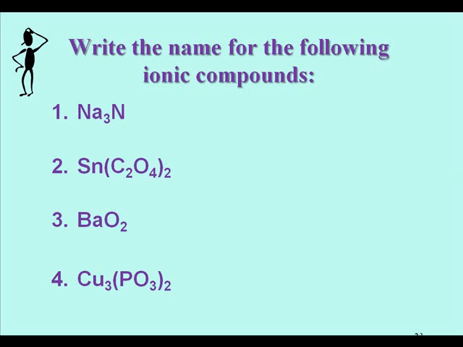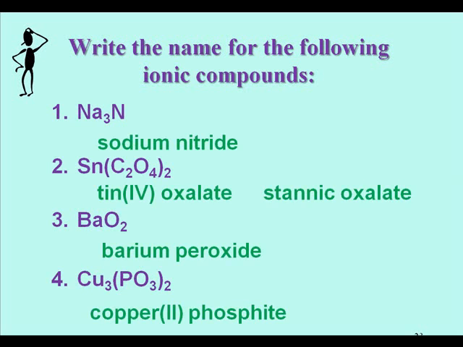At this time, how about making an effort to write these names as practice in the ionic compound, looking at the different rules. I'd like to point out in number 2, you'll notice tin Roman numeral 4 oxalate and stannic oxalate.